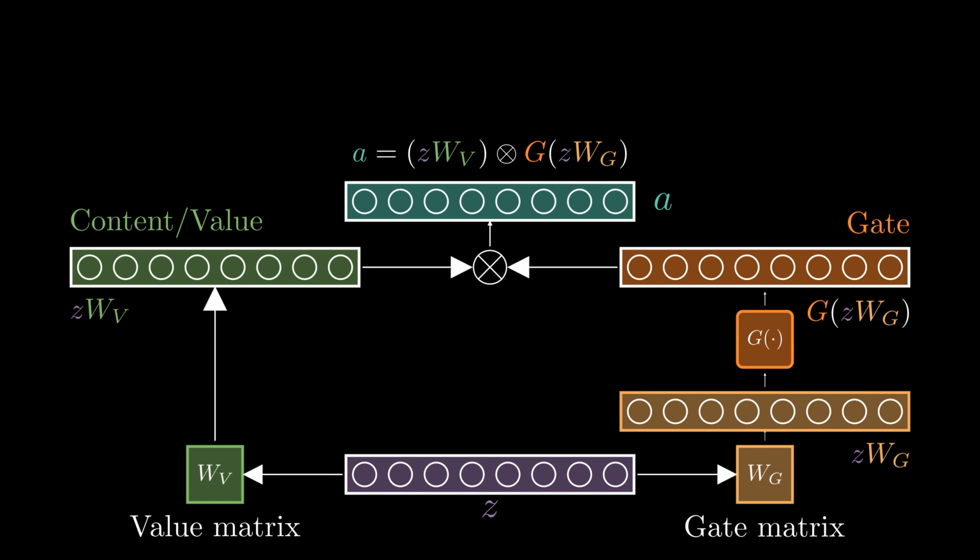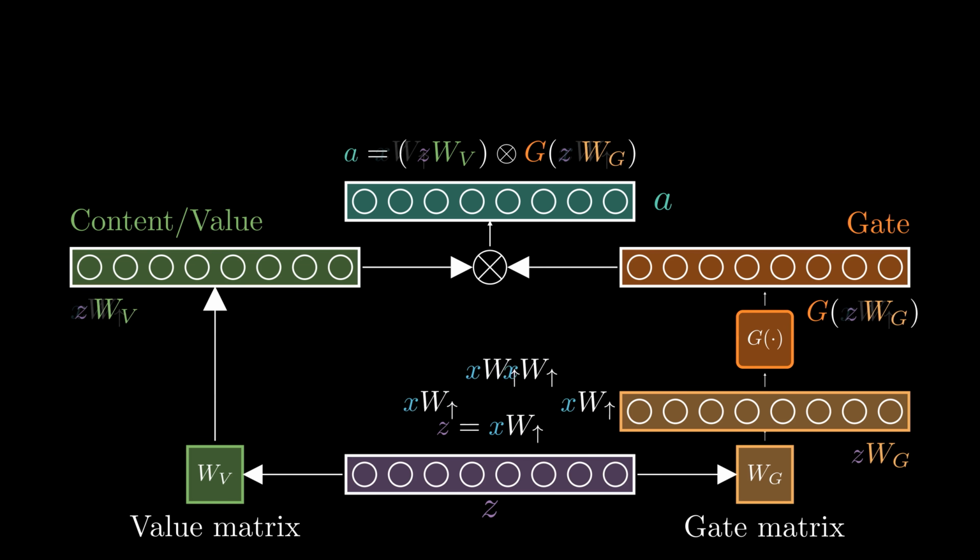A more general form of these linear transformations also includes bias vectors BV for content and BG for gate. However, in practice, modern models frequently omit these bias terms to improve training stability and computational efficiency. Recall that the pre-activation vector Z is a linear combination of the input vector X using the up projection matrix WUP.